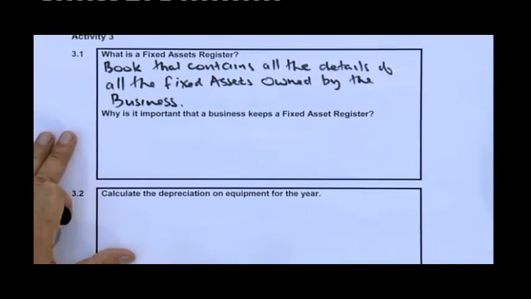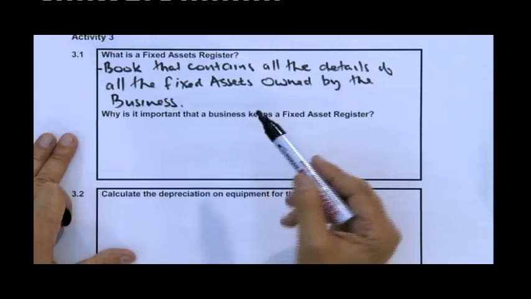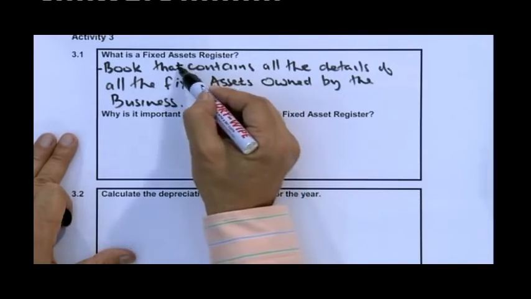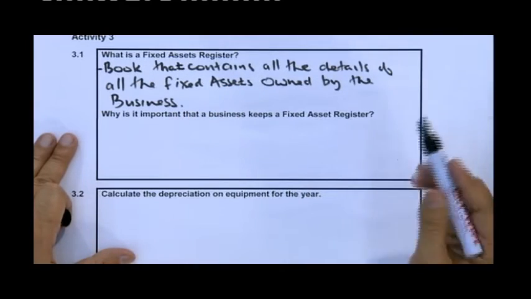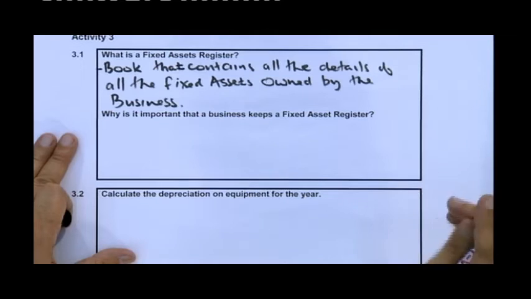Okay. So what we're saying is that the fixed asset register is a note that contains all the details of all the fixed assets owned by the business.